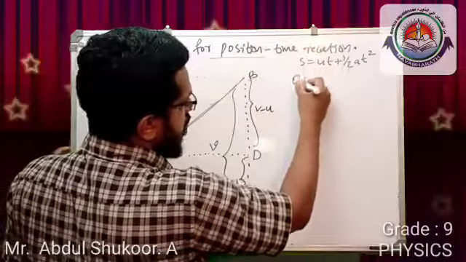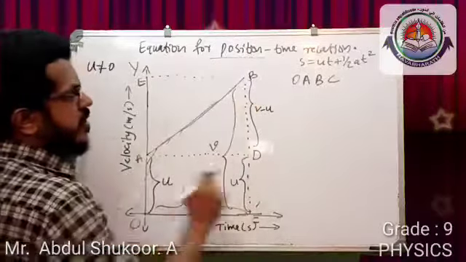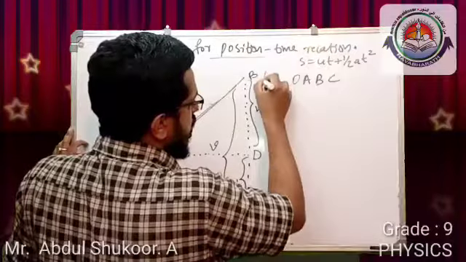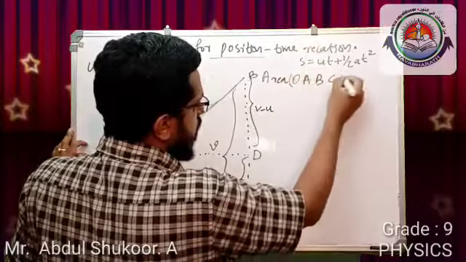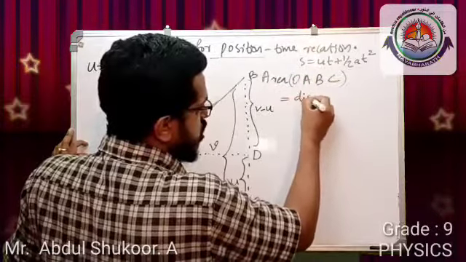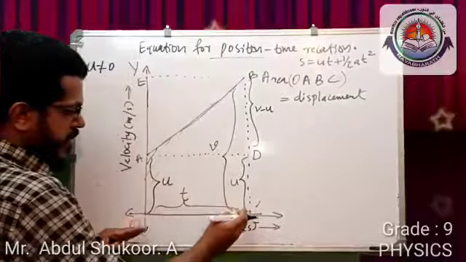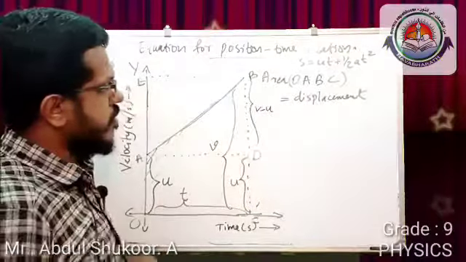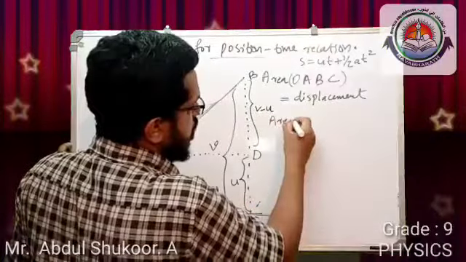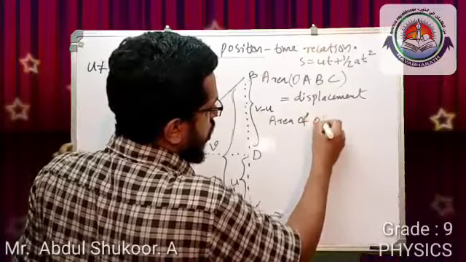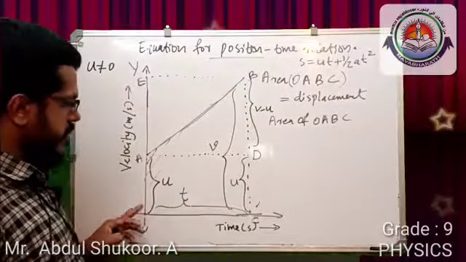If we find the area of OABC, that is equal to the displacement or distance traveled by this body in this time interval, that is T. Then how can we find the area of OABC? We know that this shape is a trapezium.